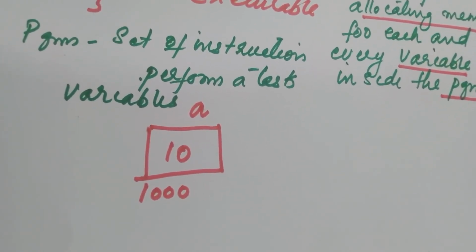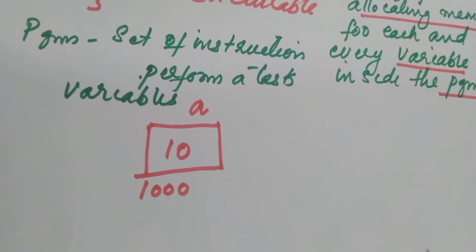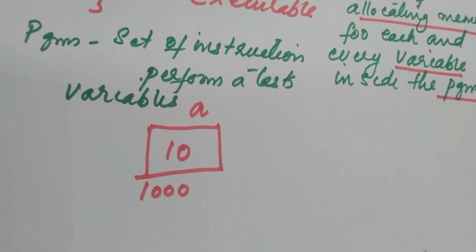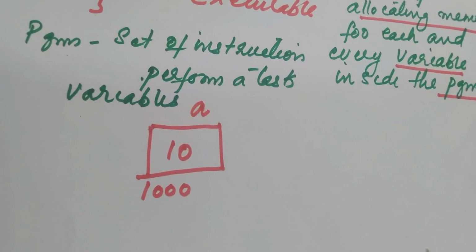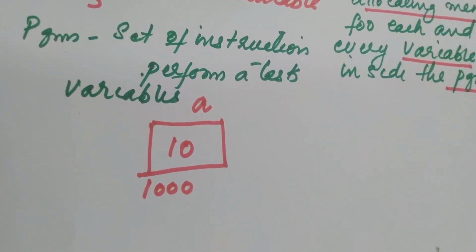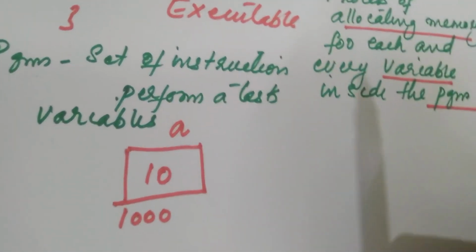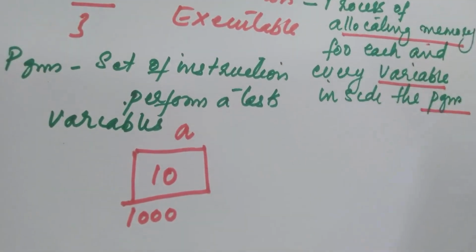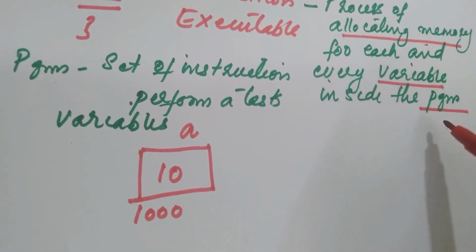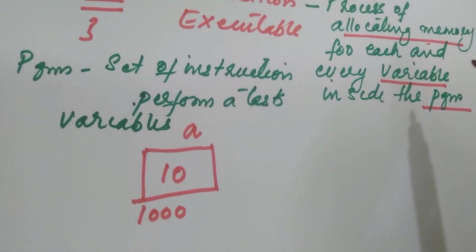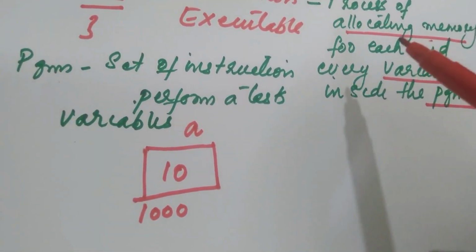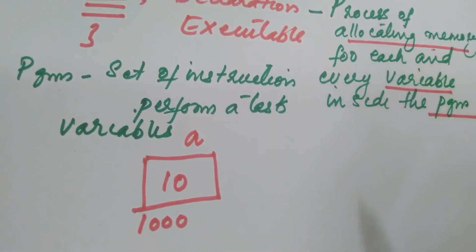And the memory for these variables should be reserved in advance. So the process of reserving memory is otherwise known as memory allocation. So here we got the meaning of 3 words. What is a program, what is a variable, and what is the purpose of allocating memory.